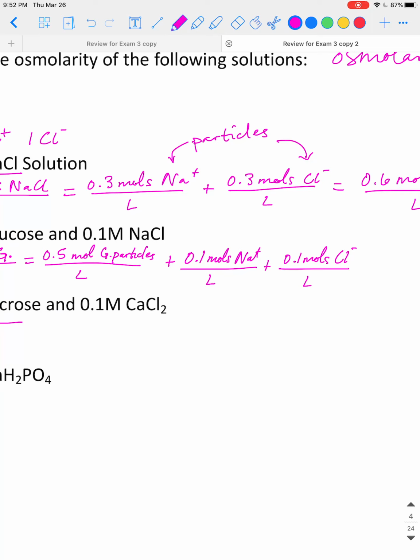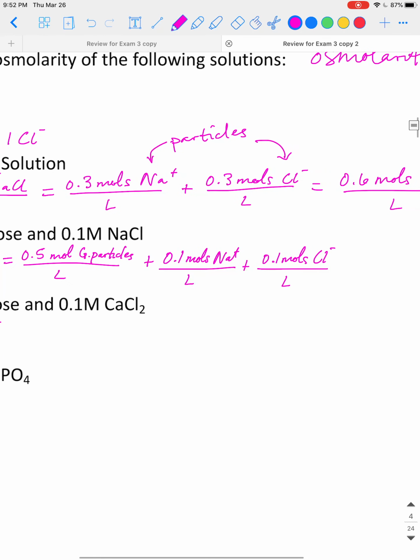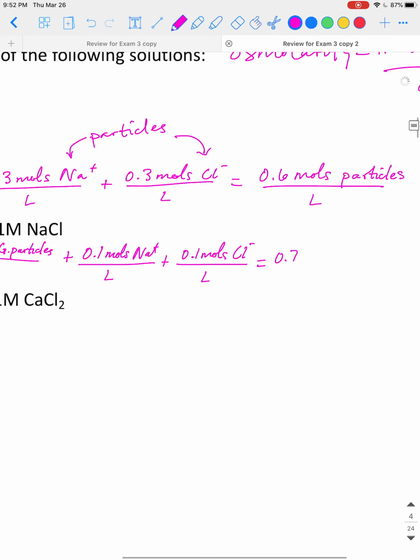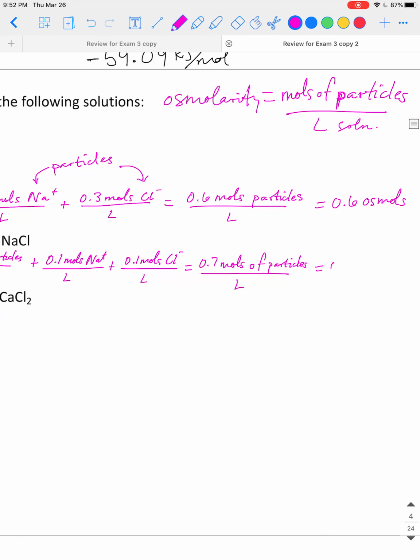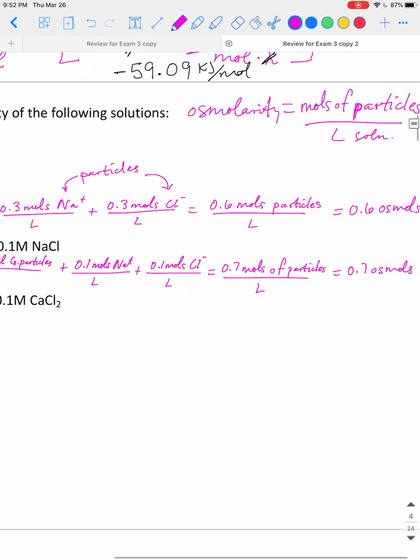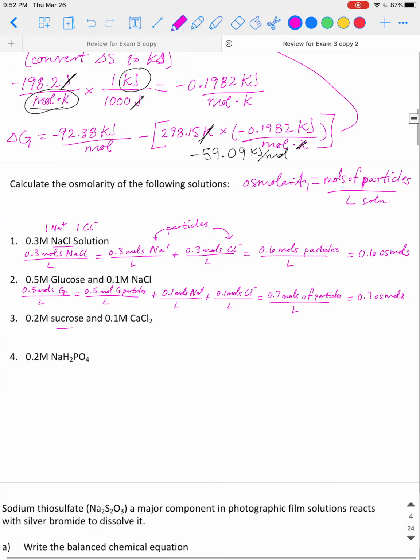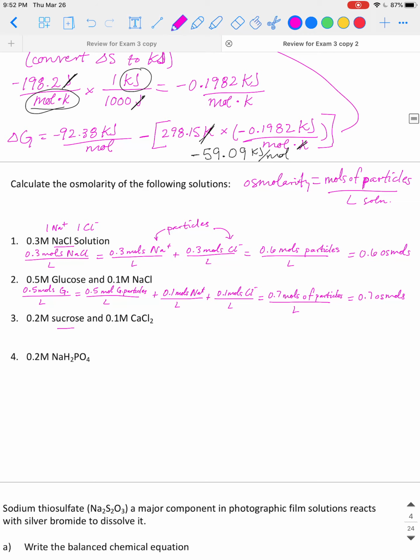Now we add this up, 0.5 plus 0.1 plus 0.1 equals 0.7 moles of particles per liter, which is equal to 0.7 osmoles. Okay? So that's number 2.